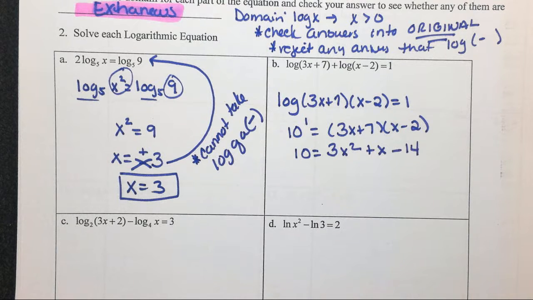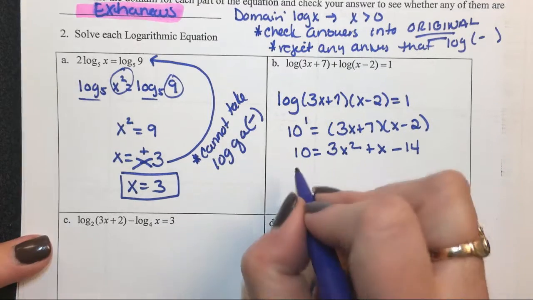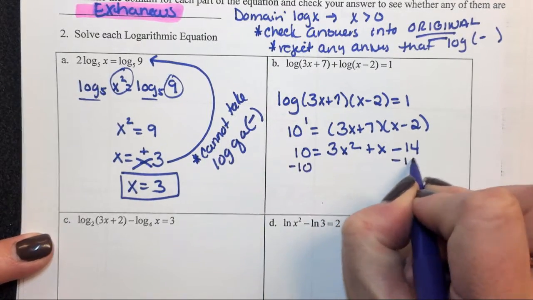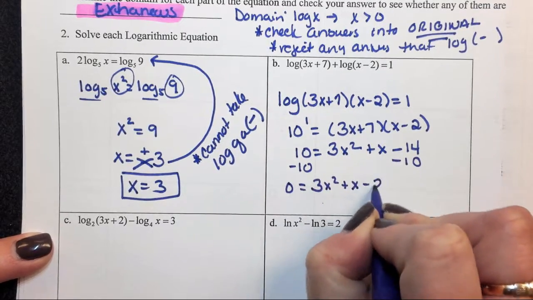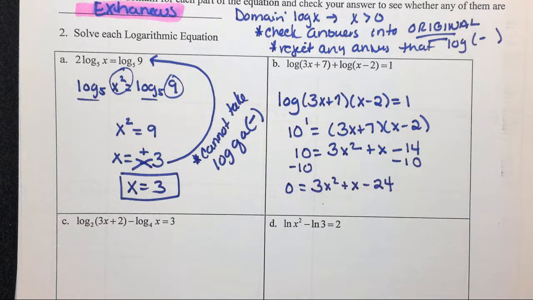Now that I've distributed, I've gotten rid of the parentheses on the right-hand side. Now what can I do with that 10? I can subtract it. So 0 is going to be equal to 3x squared plus x minus 24. How would you solve that? Slide and divide, you need to factor it. So go ahead and factor that for me.